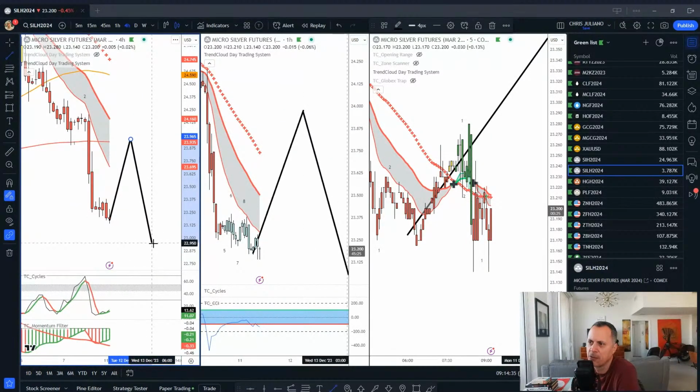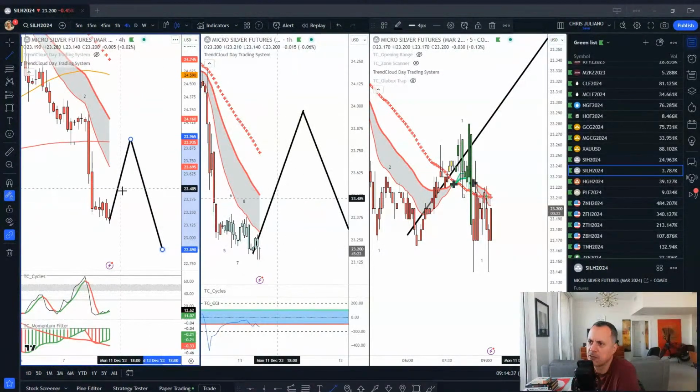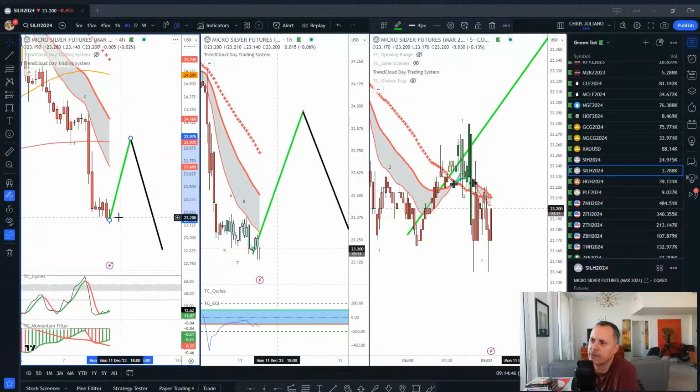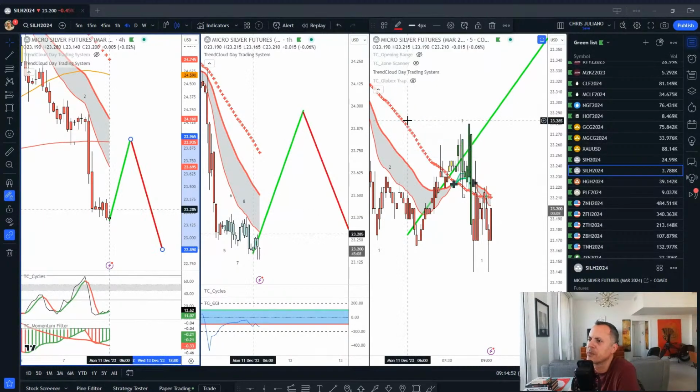Okay. So let me make it clear for you. This right here is a corrective phase. See, it's opposite. This right here is an impulse phase.